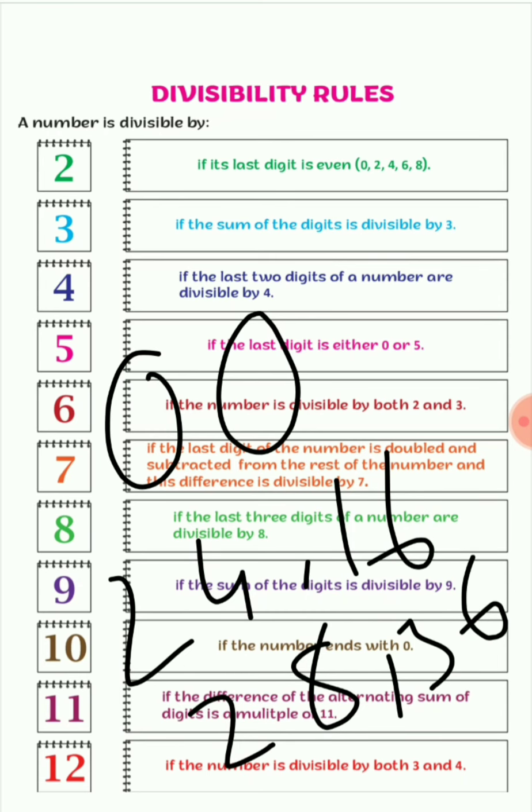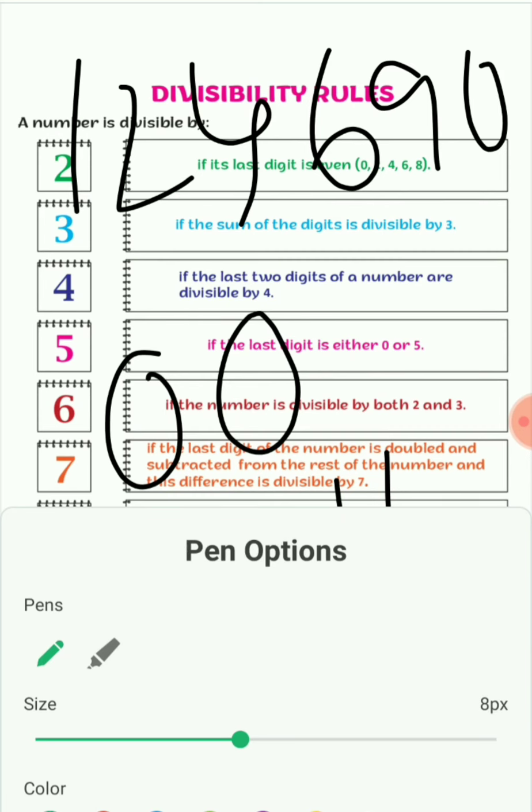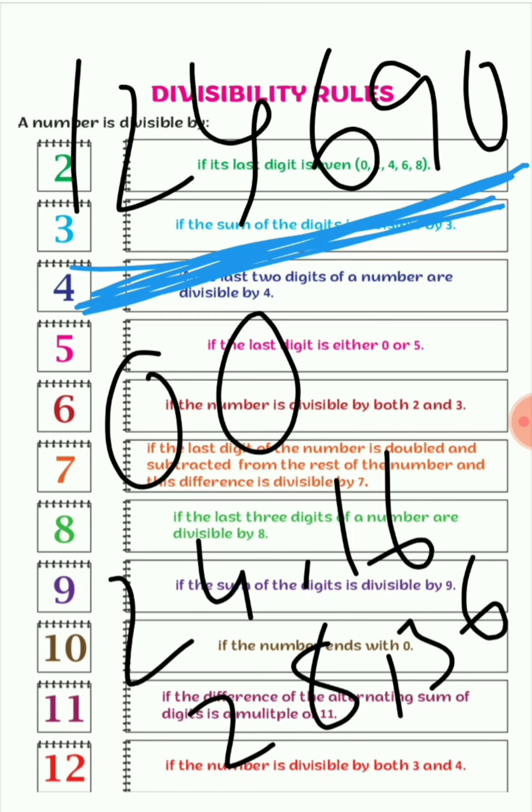Let's take an example. Let the number be 1 2 4 6 9 0. Question is, will this number be divisible by 4? How do we check?